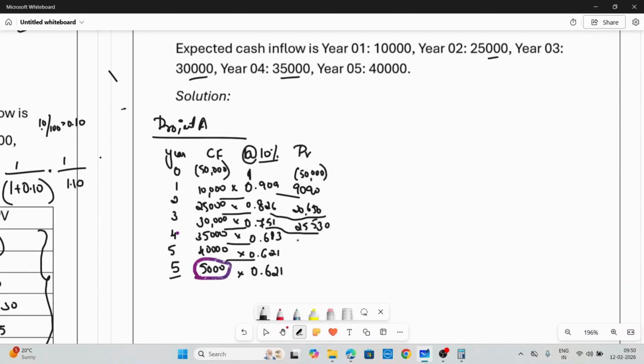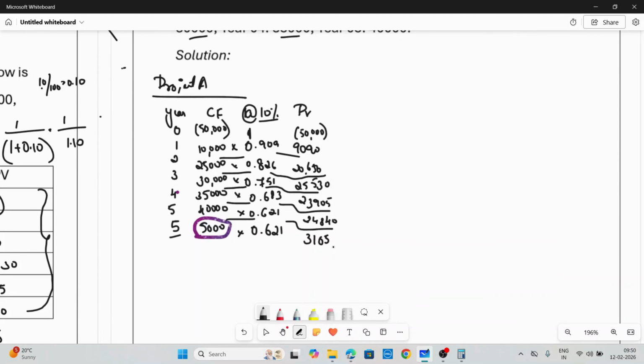For the fourth year, it's 23,905. For the fifth year, it's 24,840. And for the 5th year, scrap value 3,105. Now, add this. Add everything. You'll get NPV.